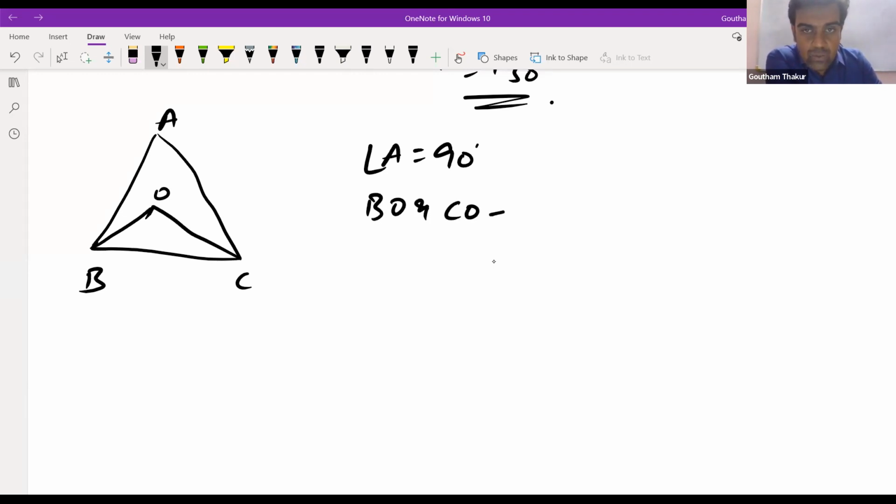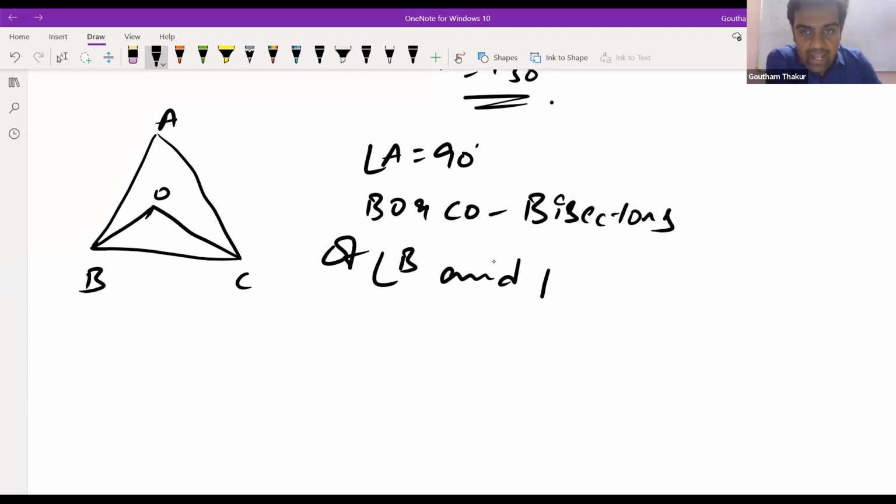BO and CO are the bisectors of angle B and angle C. You need to calculate the measure of angle BOC. What is the measure of angle BOC?